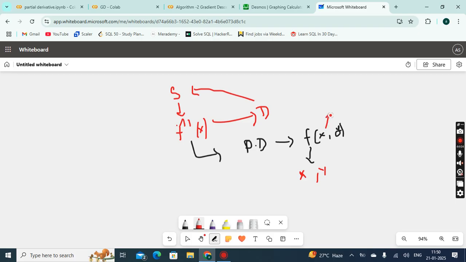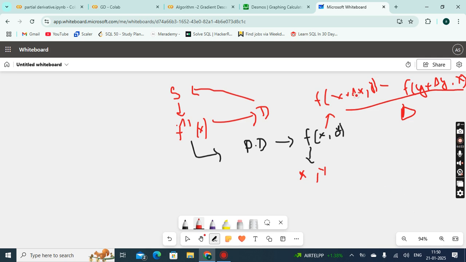So how will the function look here? f of x plus delta x comma y, minus f of y plus delta y comma x, the whole divided by delta.